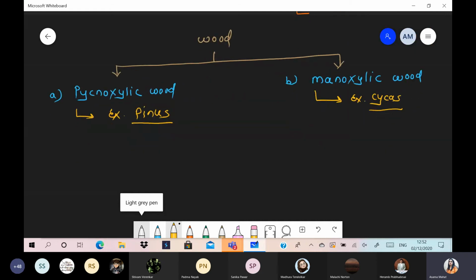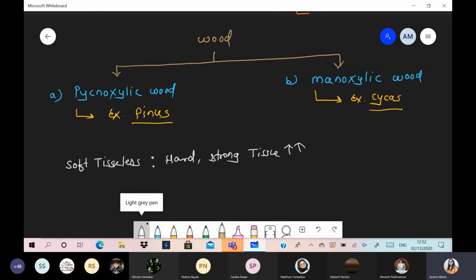So when we are using the word pycnocyclic, simple meaning is that in wood, soft tissue is present in less amount, while hard and strong tissue is present in more amount.